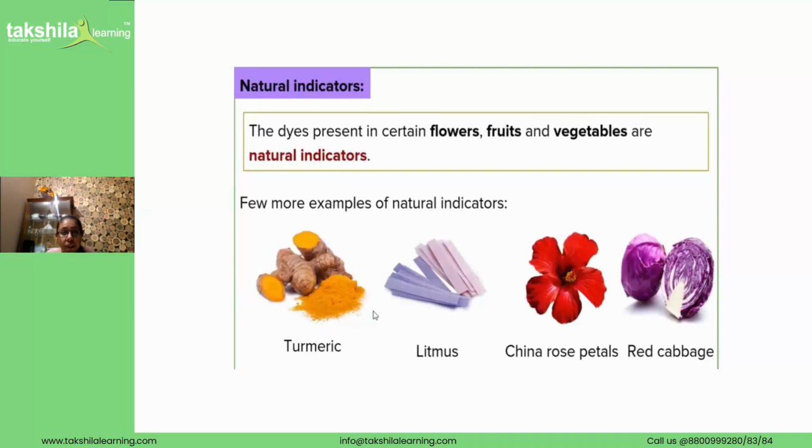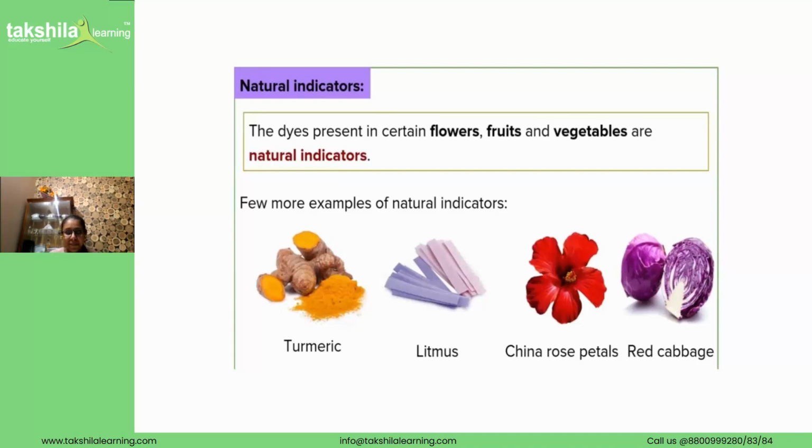We know what turmeric is, right? It is haldi and it is yellow in color. When you mix haldi in water and apply it on a white or light colored t-shirt or cloth, and wash it the next day, it won't go and it will stay on your clothes, and your mother is going to scold you for that.